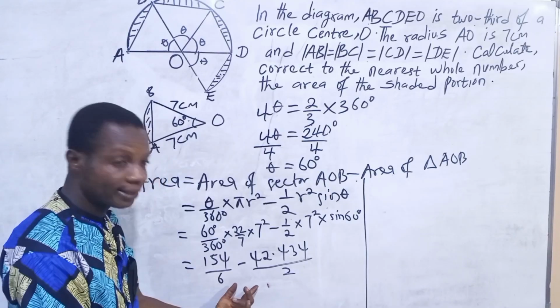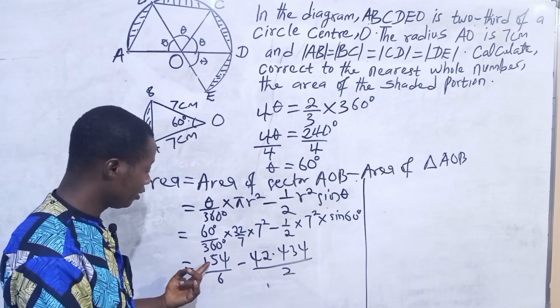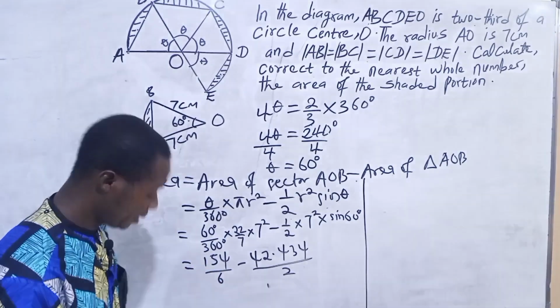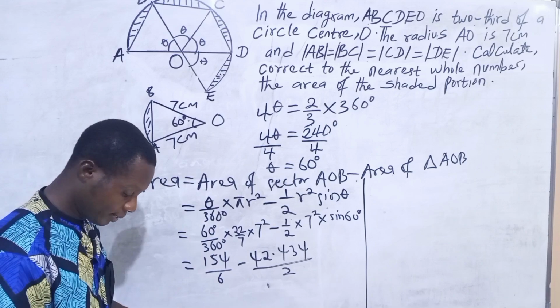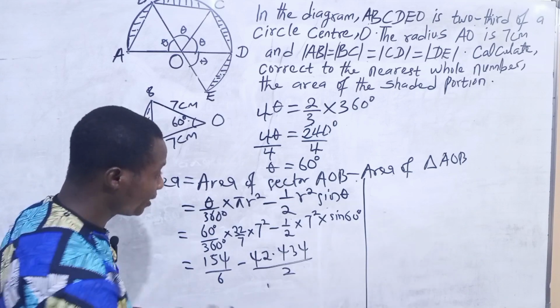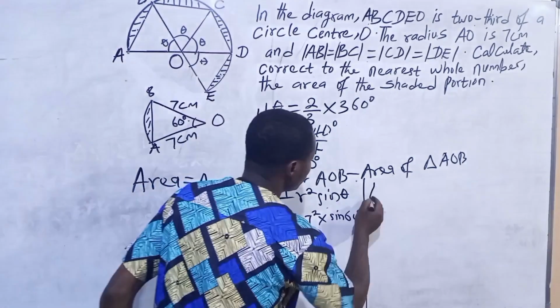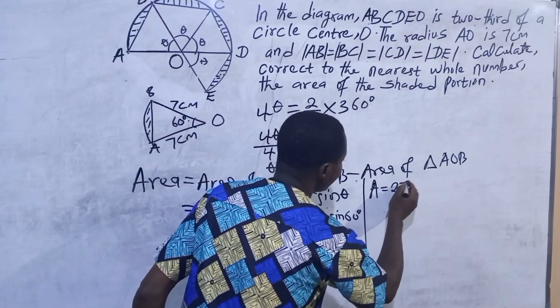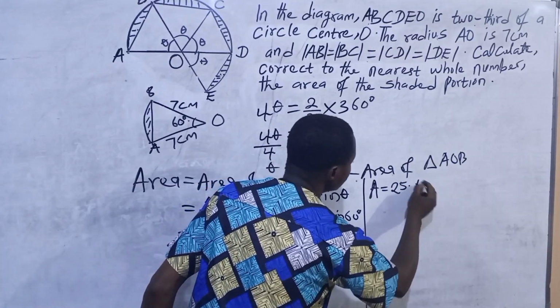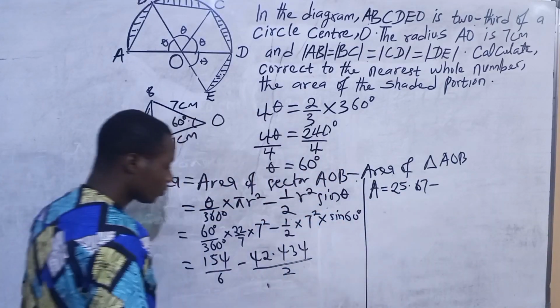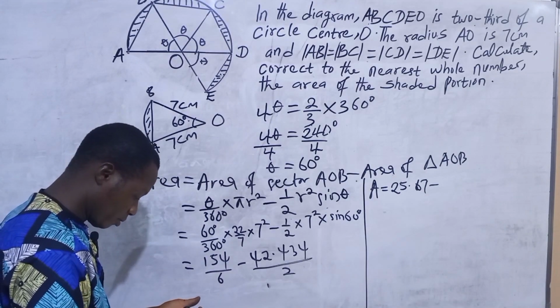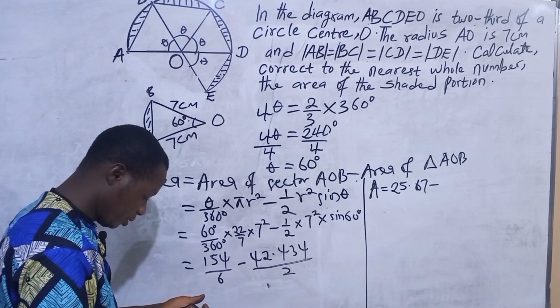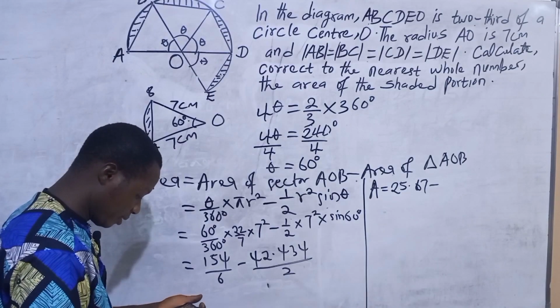Now what we are going to do next is to divide. Divide 154 by 6. That gives us 25.67. So our area will be 25.67 minus the other one. Let's divide 42.434 by 2.